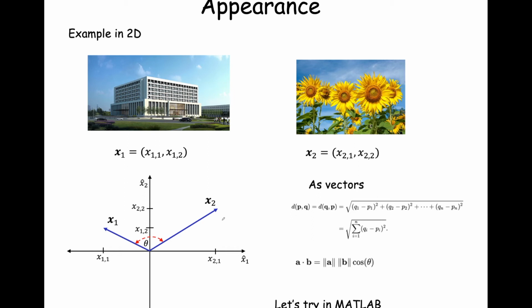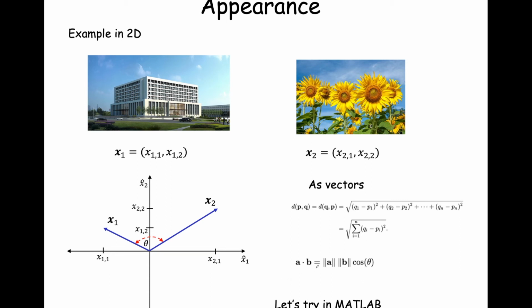And so treating them as vectors, we can also measure that difference between the 2 images expressed as vectors as the angle between those vectors. And so going back to the definition of the dot product, we have the first vector A dot the second vector B is just the magnitude of vector A times the magnitude of vector B times the cosine of the angle between them.